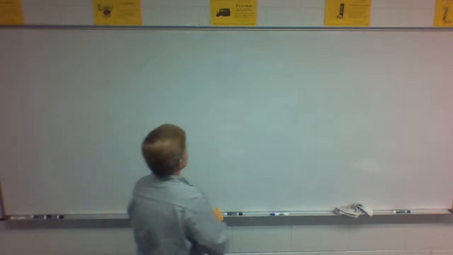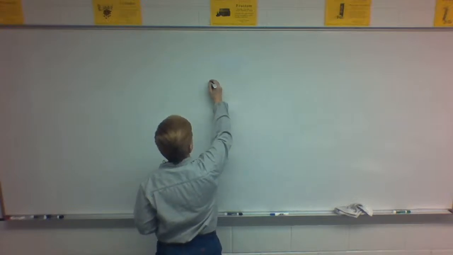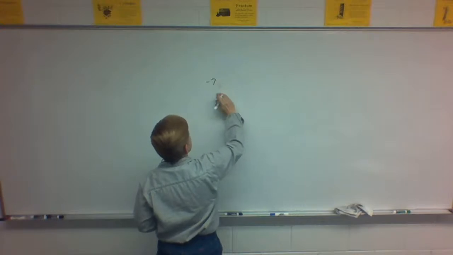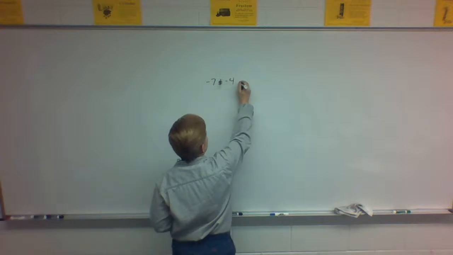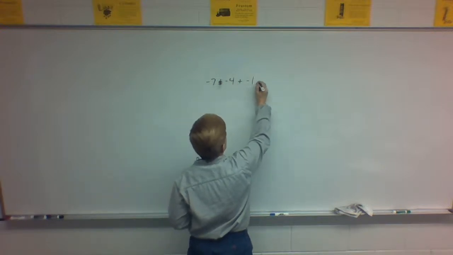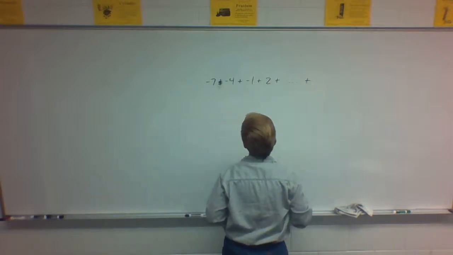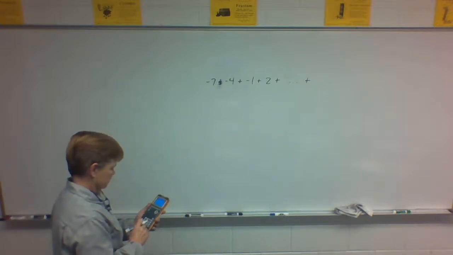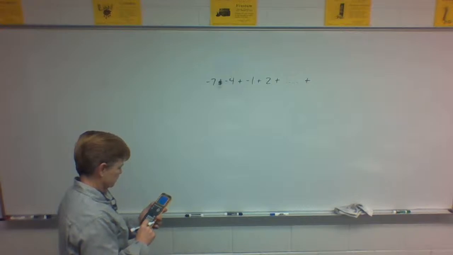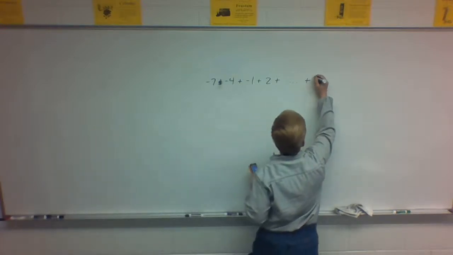Okay, so let's say it was a series like this. -7, plus -4, plus -1, plus 2, plus dot, dot, dot, plus 47.